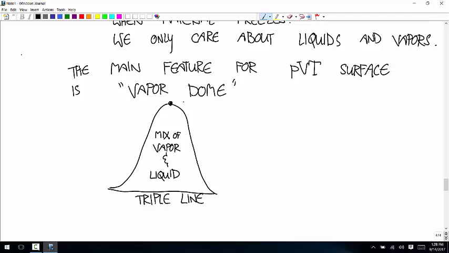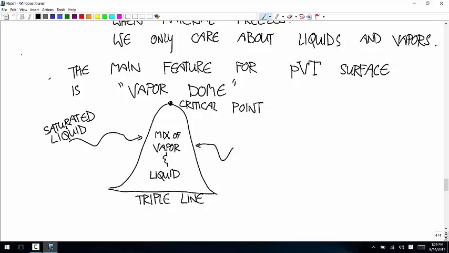At the top is called the critical point. And the side to the left of the critical point represents a saturated liquid. I'll define these terms. And on the right side is called a saturated vapor.